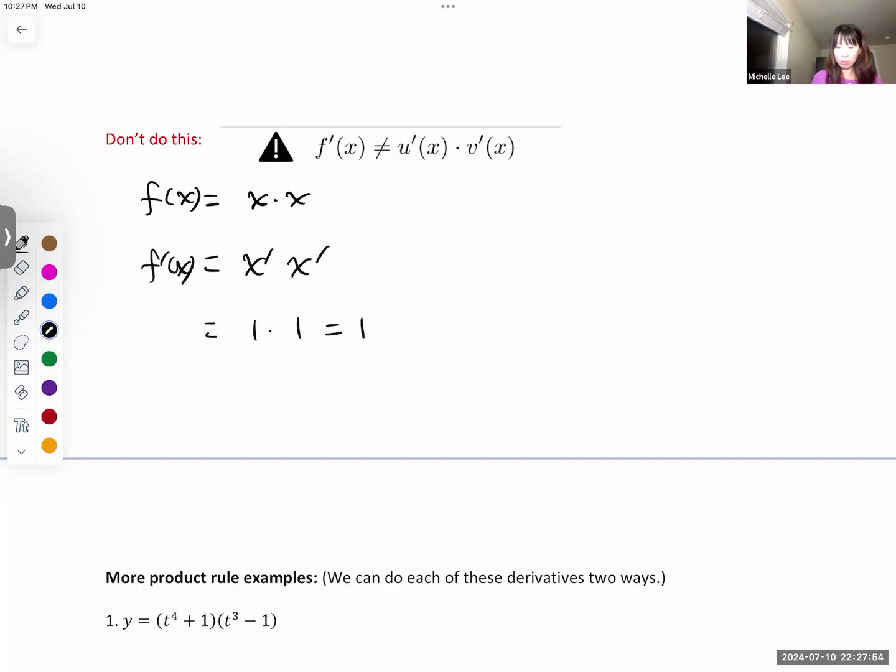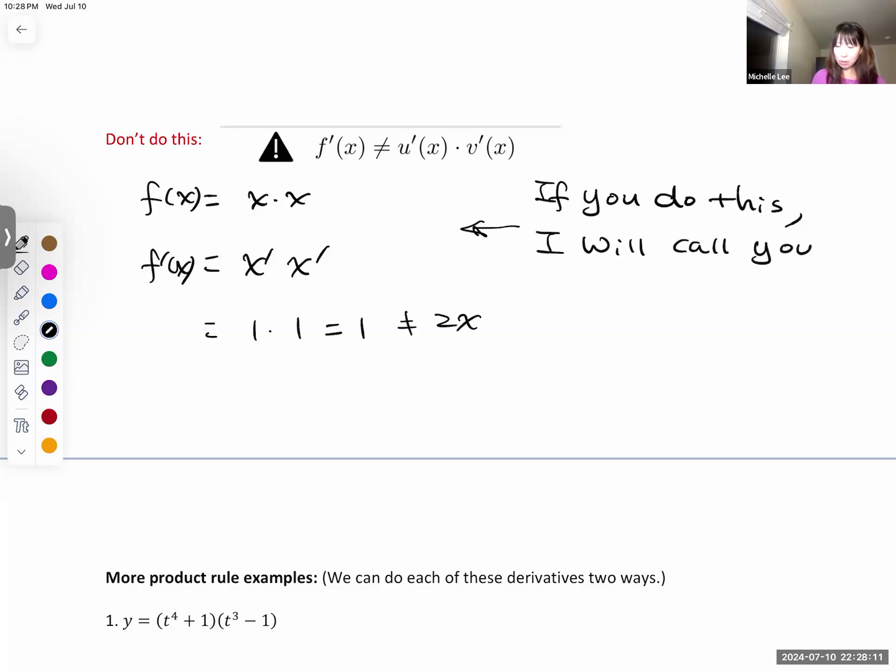But we don't get the 2x. So that's incorrect. Please don't do that. If you do this, I will call your girlfriend or boyfriend. Please don't do this. Okay.